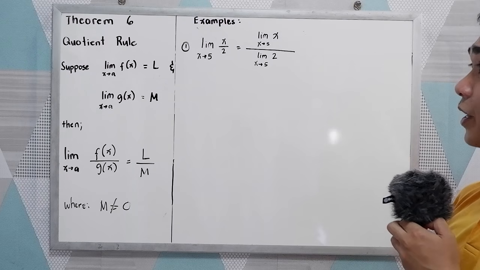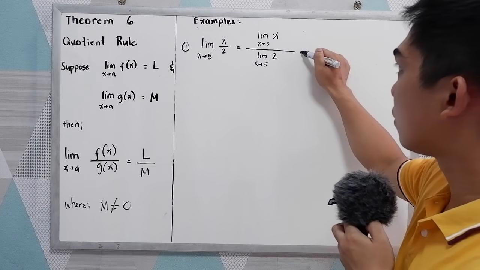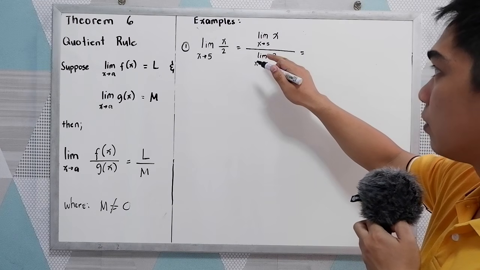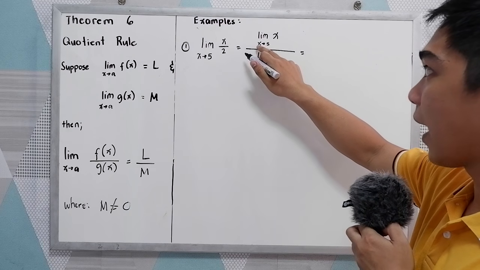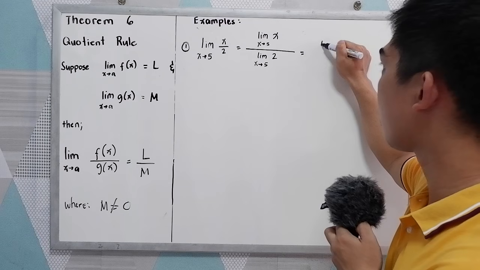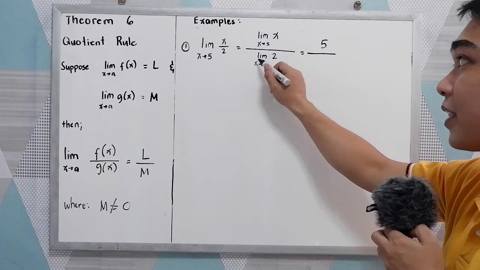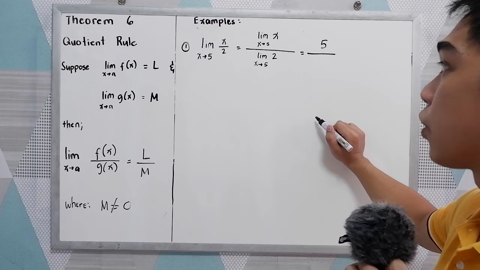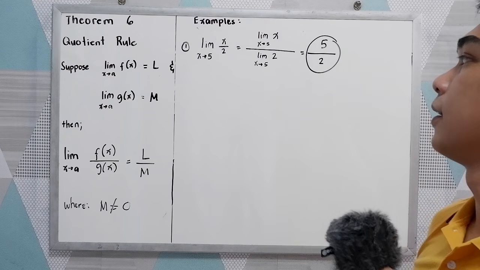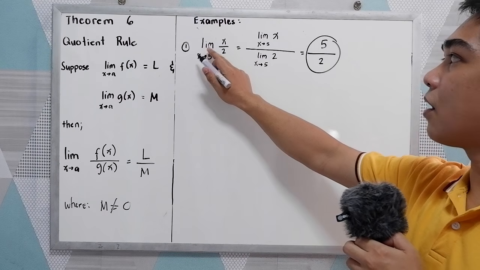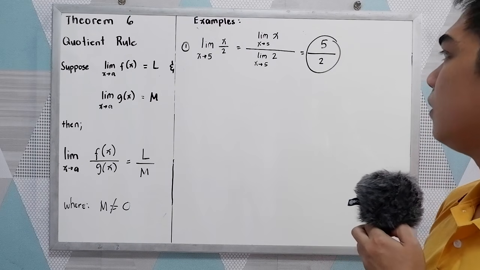Now applying our previous theorems, in our numerator, we're going to apply theorem number 2. Since we have x approaching 5, that is equal to 5 over, in this case, let us apply our theorem number 1. So we have the constant, which is 5 over 2. So the limit of x over 2 as x approaches 5 is equal to 5 over 2.